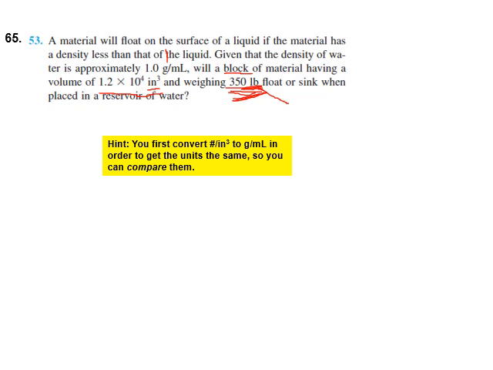And then for the bottom part, the volume, you want to convert from cubic inches to cubic centimeters. And the way you do that is you have another conversion factor. We haven't used this one yet, but you say, okay, 1 inch by definition is 2.54 centimeters. So if you have a cubic inch, you have an inch this way, an inch that way, and an inch up and down.